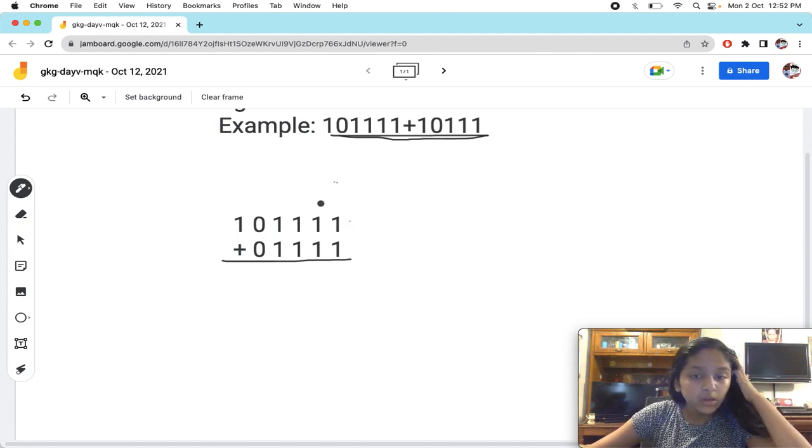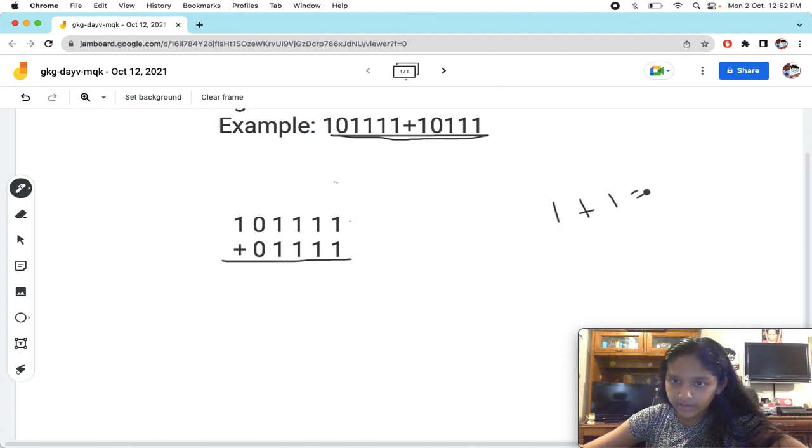First you have to see 1 plus 1. How will you do that? This will be done by basically 1 plus 1 in decimals. In normal addition, when we do 1 plus 1 in school, we get 2. But here we are going to do binary addition.